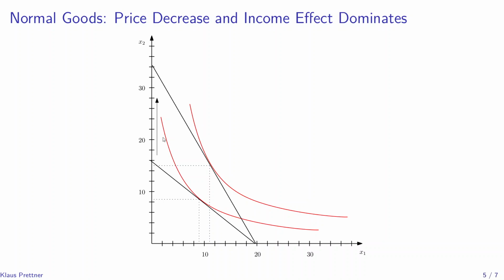But at the same time, there is a substitution effect, because the price of good 2 decreased while the price of good 1 stayed constant. So the consumer would want to shift consumption from the good where the price stayed the same to the good where the price decreased. In this case here, the income effect dominates. So the consumer would consume more of good 1, for which the price did not change, because the income effect is greater than the substitution effect.